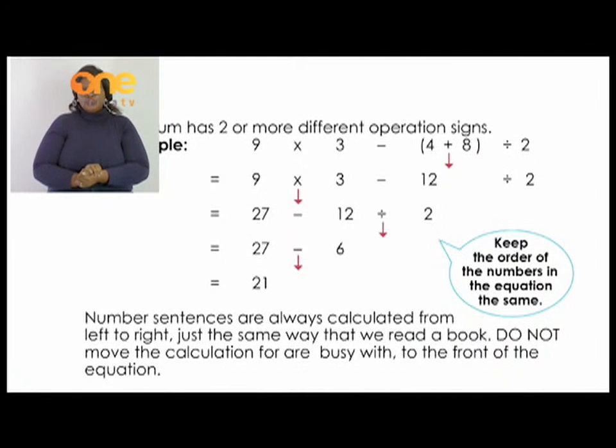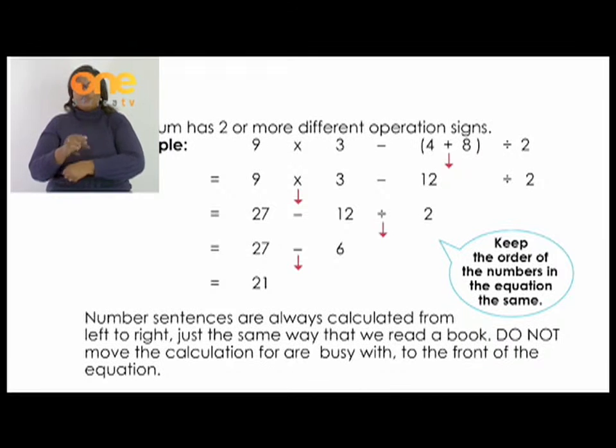So what is the first operation that we'll do? According to BODMAS, we first find whether in the sum there are brackets. So the first operation we will do will be the operation in brackets. What do we have in brackets? 4 plus 8. So 4 plus 8 equals 12.